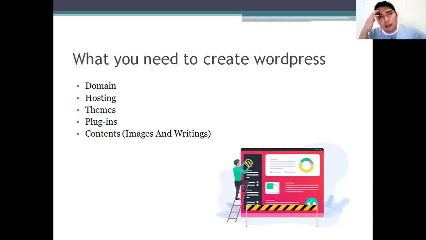For example, ang domain guys, ito yung address ng bahay nyo. Let's say for example, yung address mo sa Pilipinas is you're from Pasig City. Then sa Pasig City na you have a specific address. So sa website naman, kailangan meron tayong tinatawag na address or URL. Ito yung kailangan mong i-purchase kapag ikaw ay gagawa ng website.